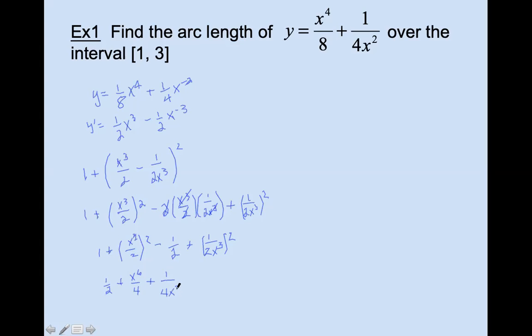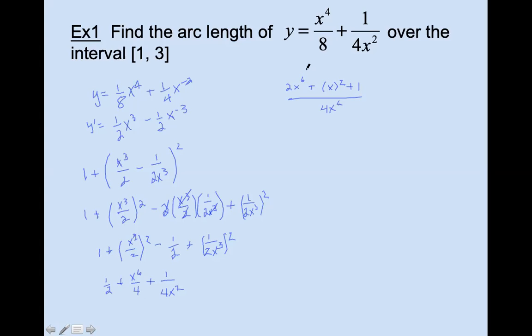All right, so I'm going to get a common denominator for those three terms and rewrite them. My common denominator, by the way, is 4x to the 6th. So this turns into 2x to the 6th plus x to the 6th squared plus 1 all over 4x to the 6th.